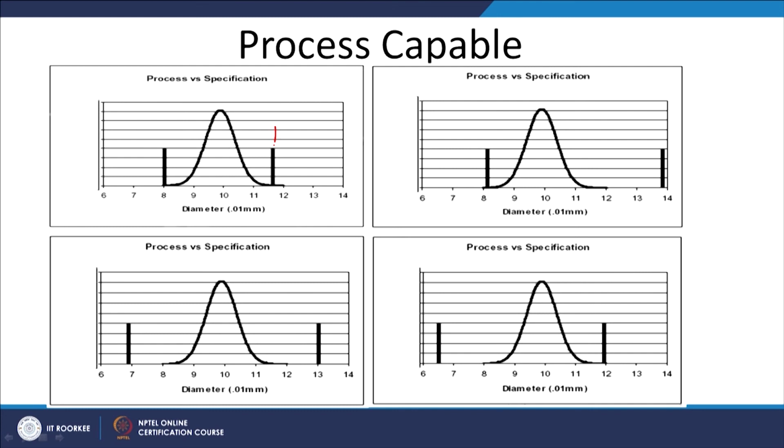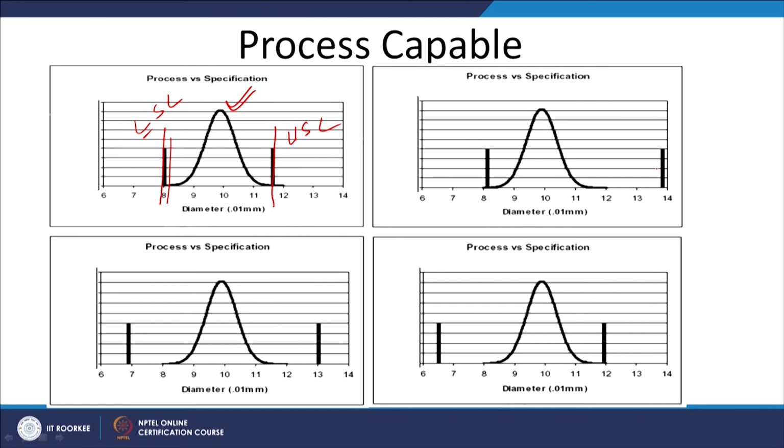So, here the specification limits are very close to the process variability, but still everything that will be produced by the process will be within the upper specification and lower specification limits.